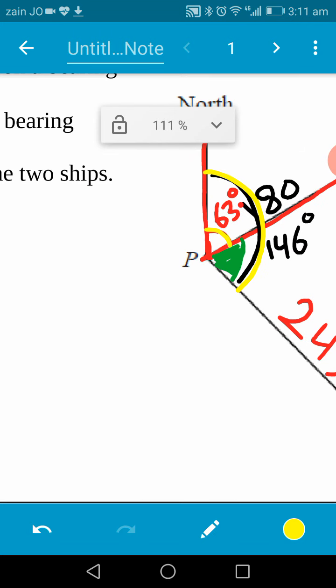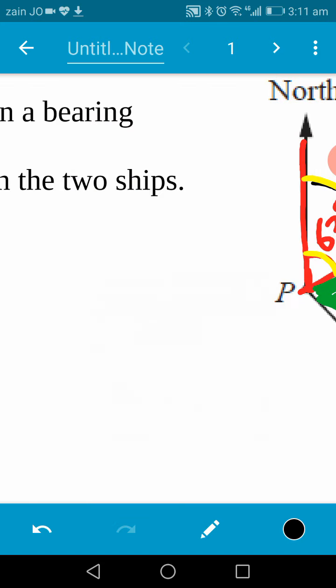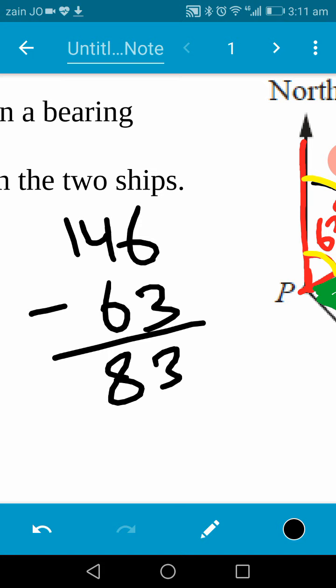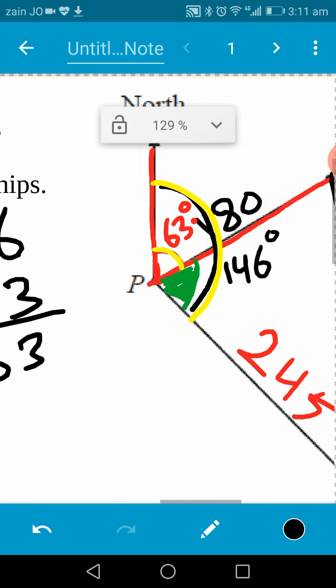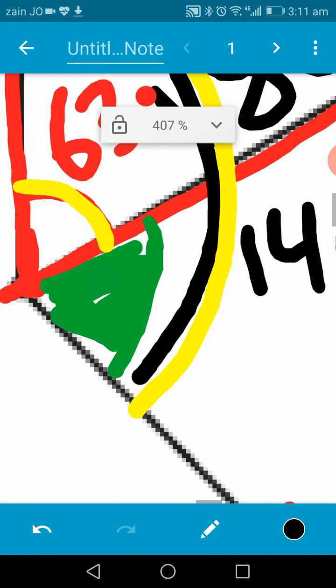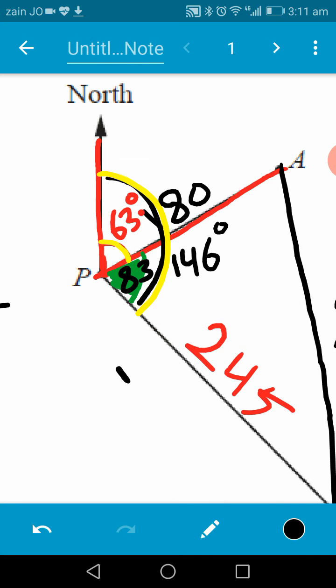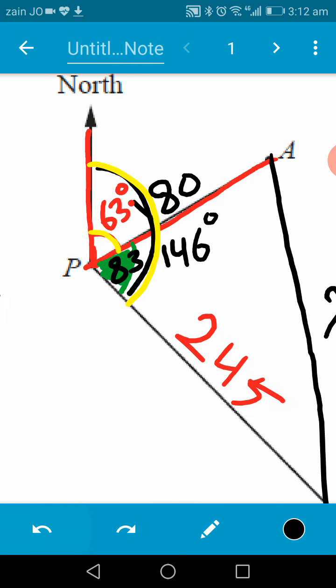So you just subtract: 146 minus 63. The answer is 83. So the green angle is 83.